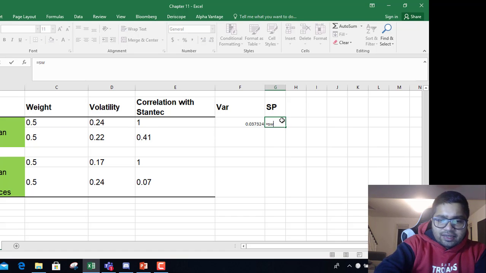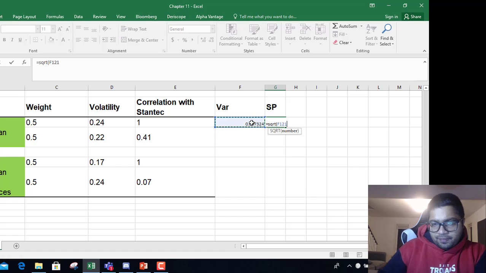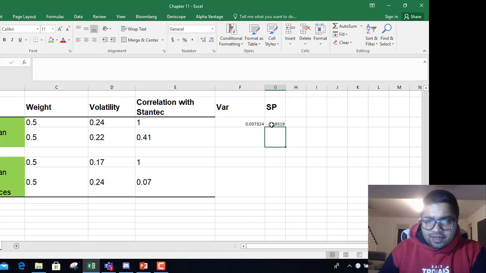We are more interested in standard deviation. So the square root of variance is the standard deviation.